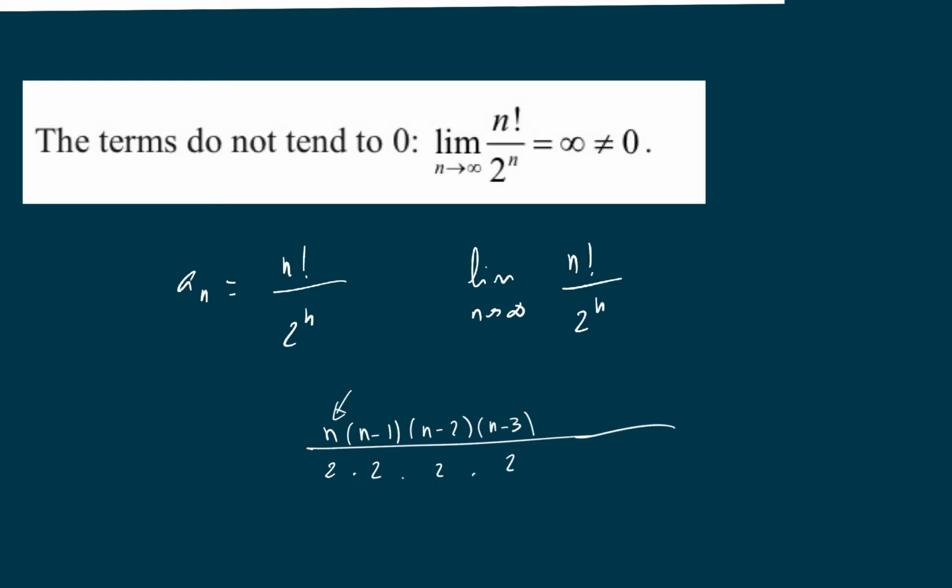So you see that the ratio of one term divided by the other, n divided by 2, goes to infinity. n minus 1 divided by 2 goes to infinity as n goes to infinity. So it will be the product of many infinities. So this will go to infinity, so the limit will go to infinity.